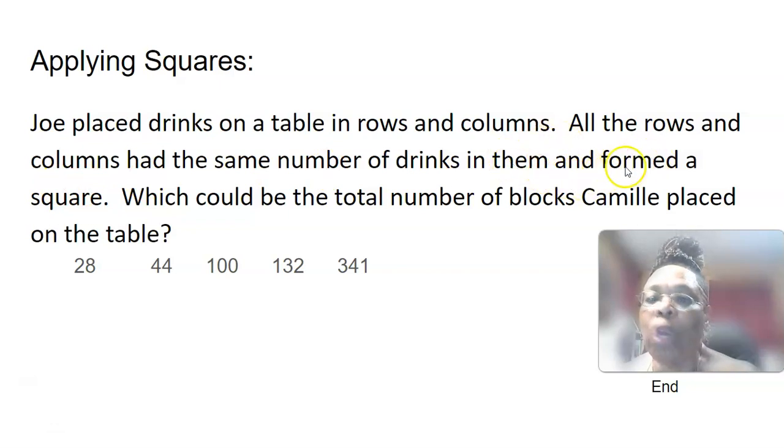And all the rows and the columns had the same number. So it's a number times itself. Nothing times itself as a whole number gives us 28. Neither 44, neither 132, neither 341. But 10 times 10 gives us 100. So we know that is the correct answer.